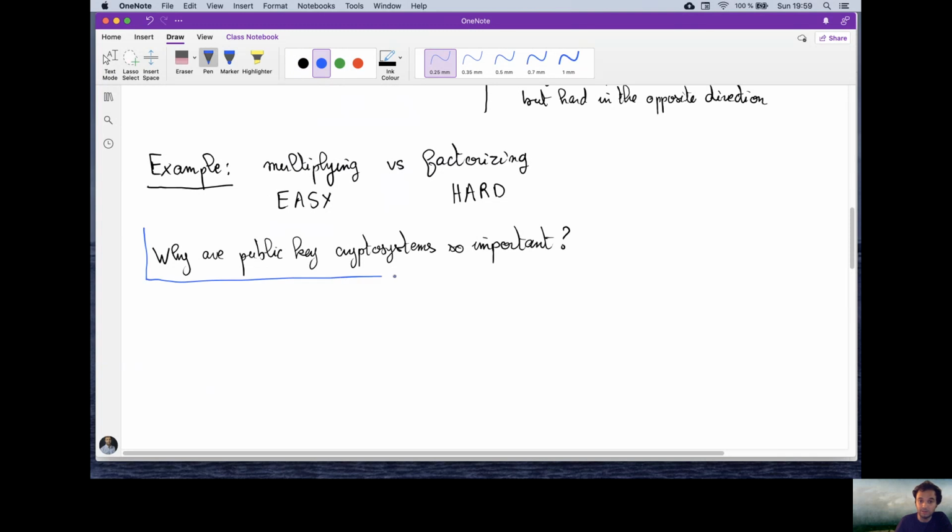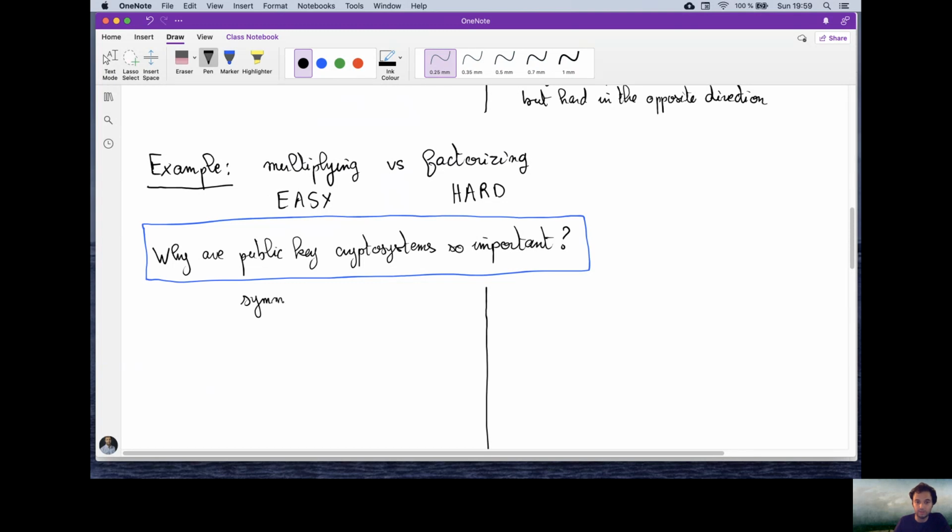I told you that the discovery of public key cryptosystems really changed the way we think about cryptography. So let me continue our comparison between symmetric cryptosystems on the one hand, and public key cryptosystems on the other. Why are they so important?